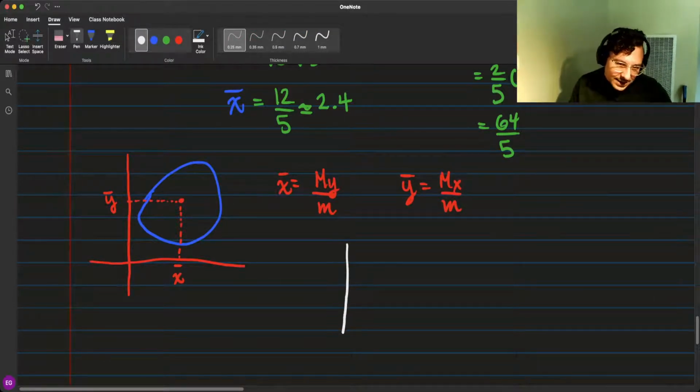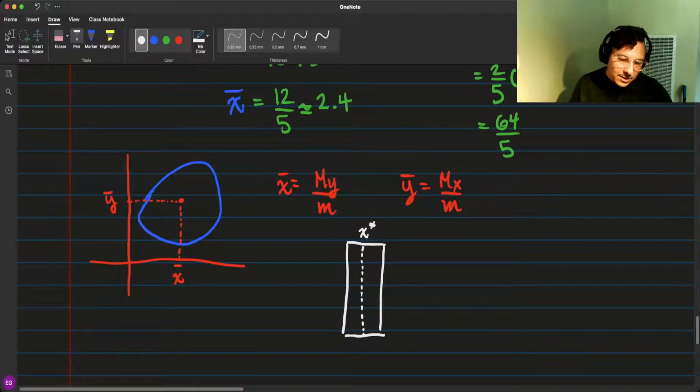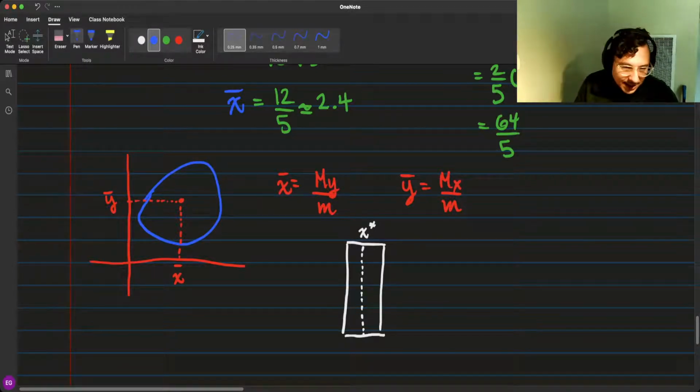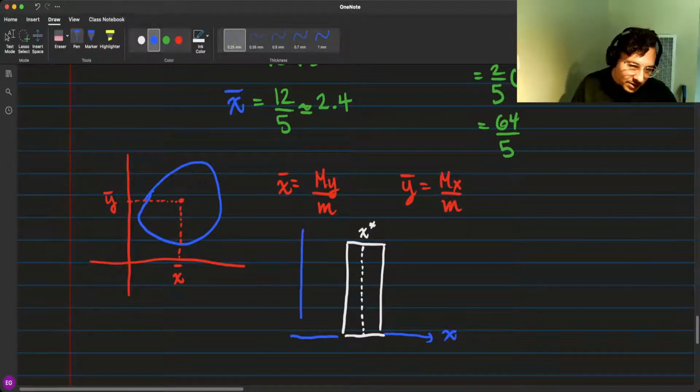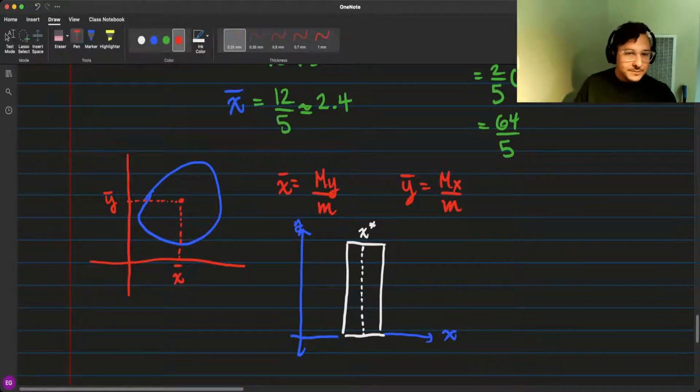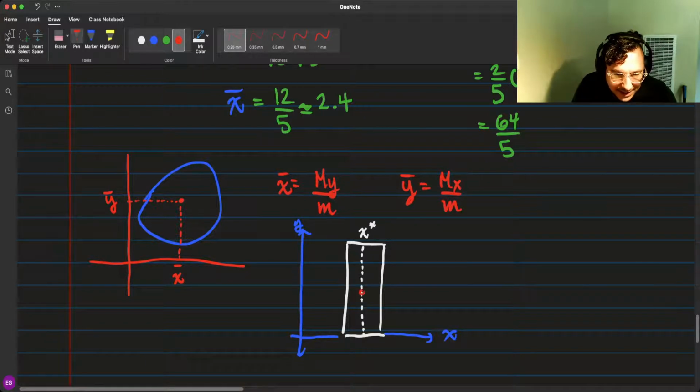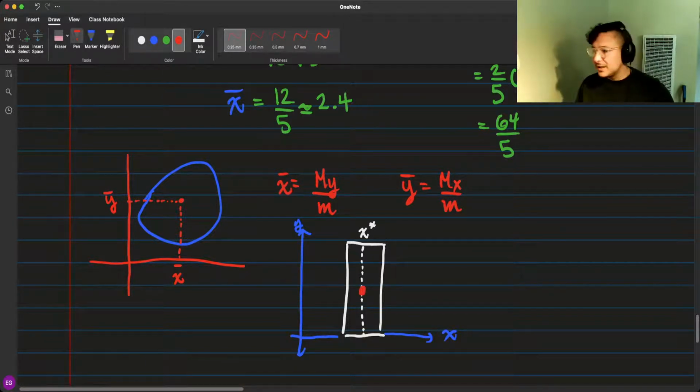So you draw a little rectangle. And here's the midpoint of that rectangle at x star. This rectangle is on the x-axis, with a y-axis and an x-axis. Now, looking at this, does everyone agree that its center of mass is right here, right at that red dot?